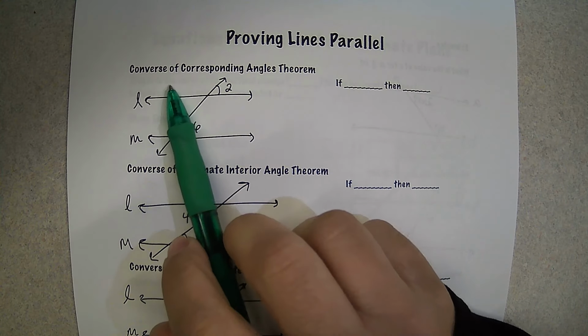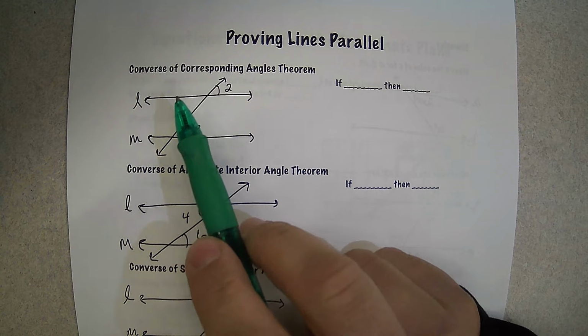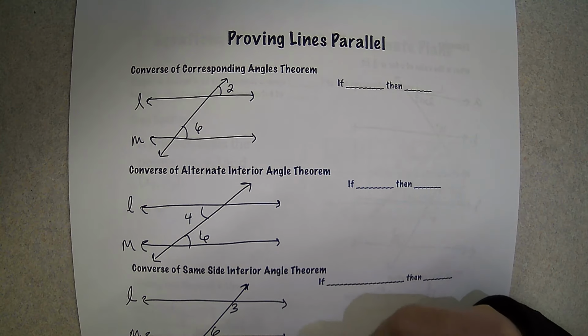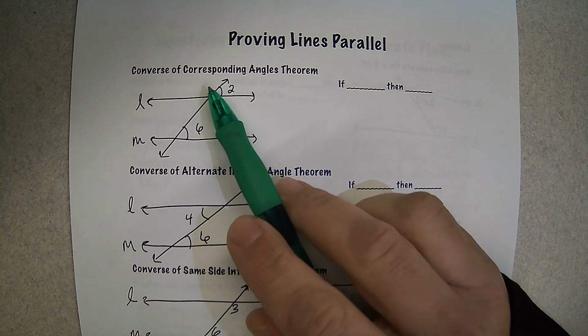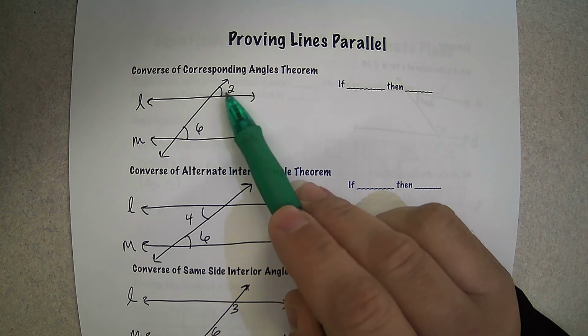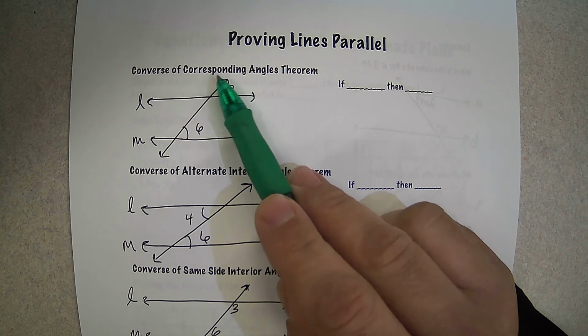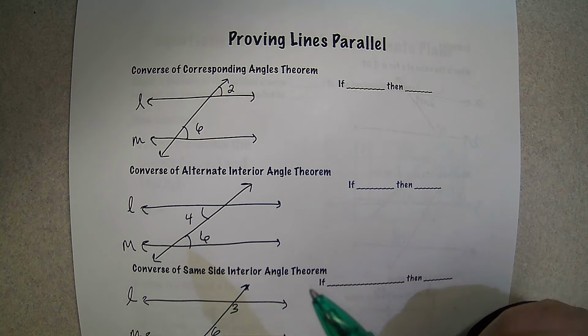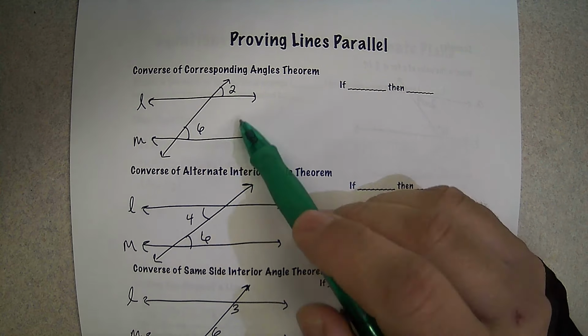Before, we would say, if the lines are parallel, then these two angles are going to be congruent. But now we're going to look at, what if we know that these two angles are congruent, our corresponding angles, so 2 and 6? Remember they're in the same position, so we could say that they're congruent.